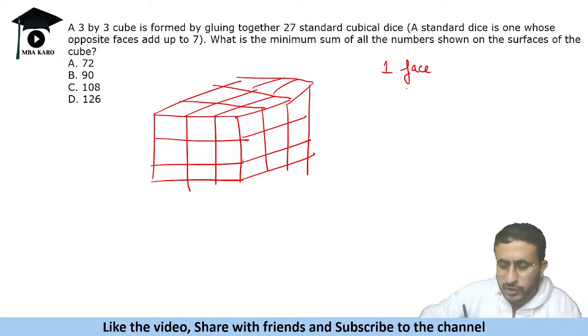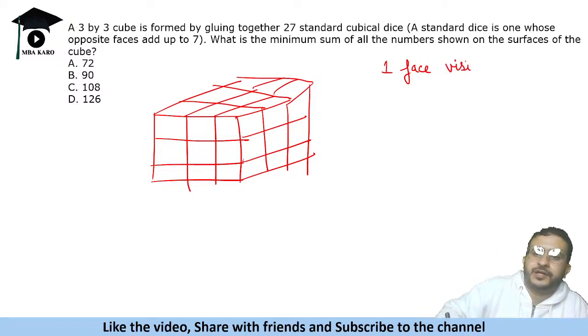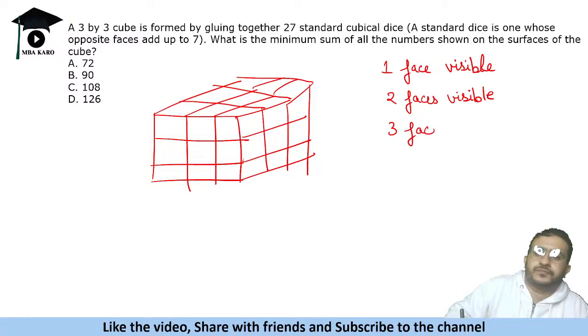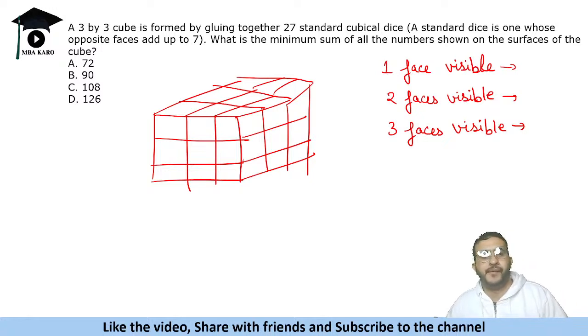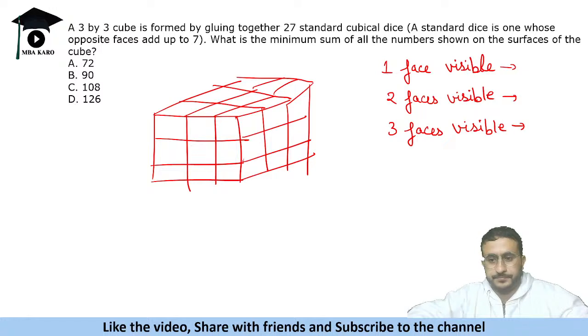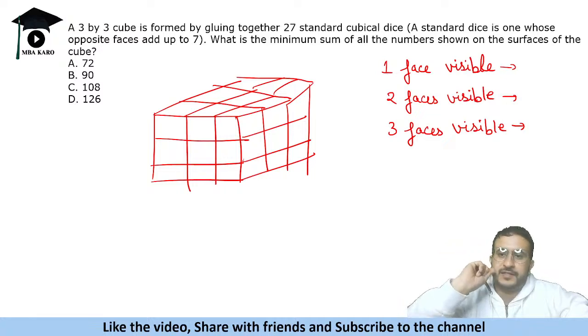And you could say not painted, one face visible, क्योंकि यहाँ पे visibility की बात हो रही है. One face visible, two faces visible, three faces visible. फटाफट फटाफट बताओ.